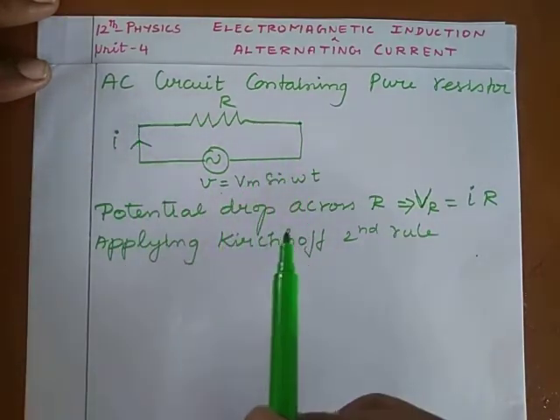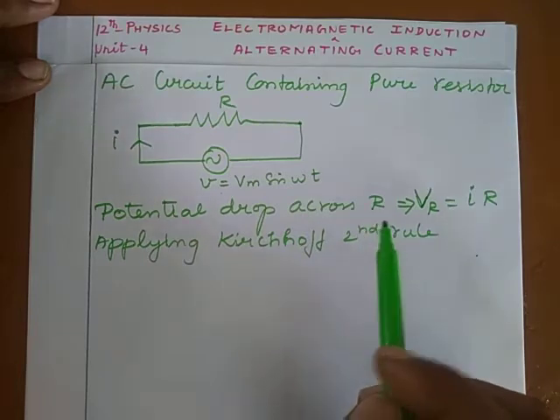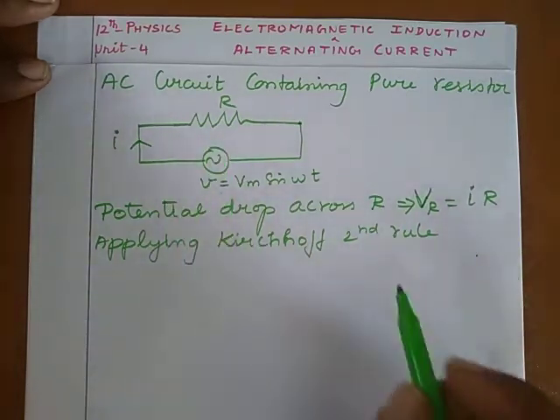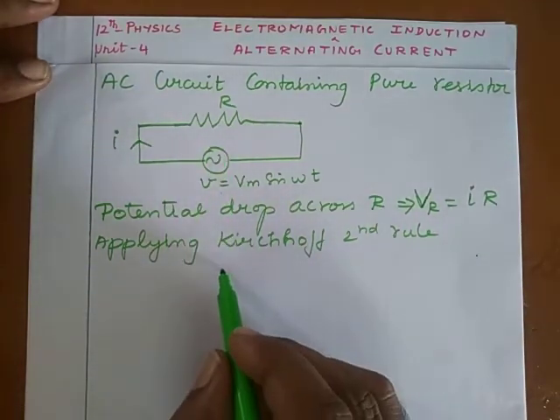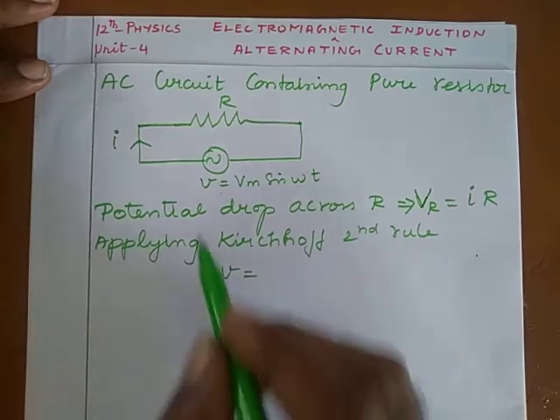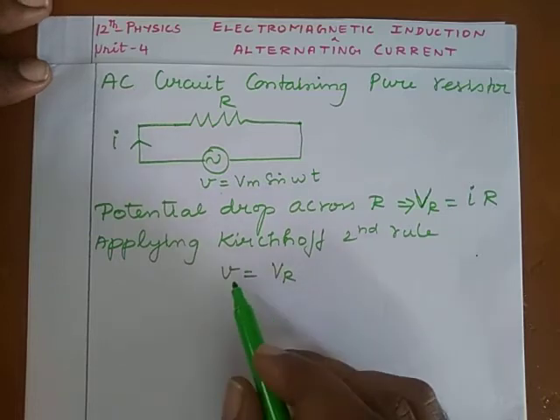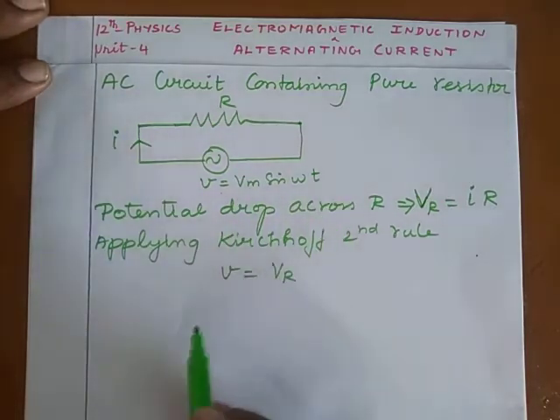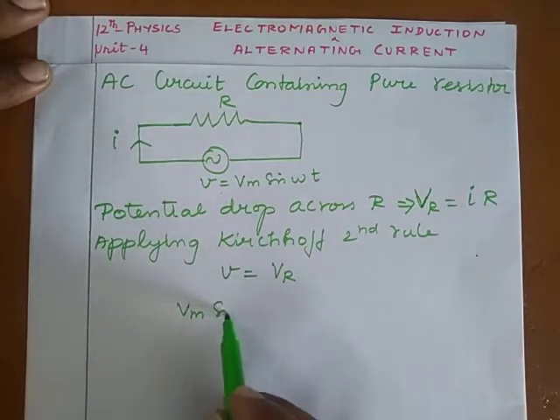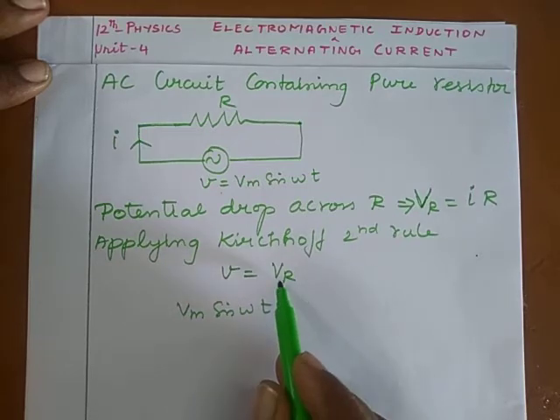This rule states the applied voltage is equal to the voltage drop across the resistor. So we can write the applied voltage V is equal to the voltage drop across the resistor, that is VR. We know V is equal to Vm sin omega t, and VR is equal to IR.